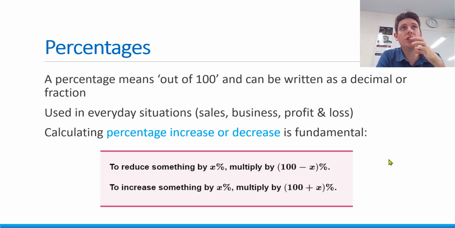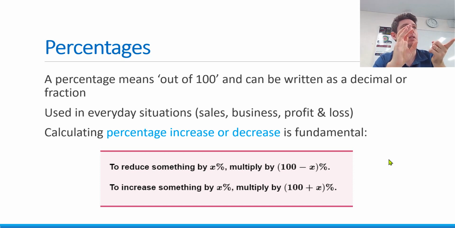So the centurion was 100 soldiers together. Cents, there's 100 cents in a dollar. So percentage, out of 100, we can write it as a decimal or a fraction. And these are used in a wide variety of situations, particularly anything to do with finance.